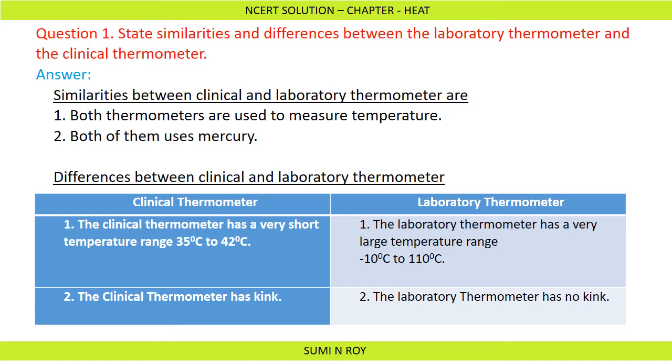There can be many more differences. One such difference is that the clinical thermometer measures temperature more accurately. It can measure up to 0.1 degrees Celsius, whereas a laboratory thermometer usually measures up to 1 degree Celsius.